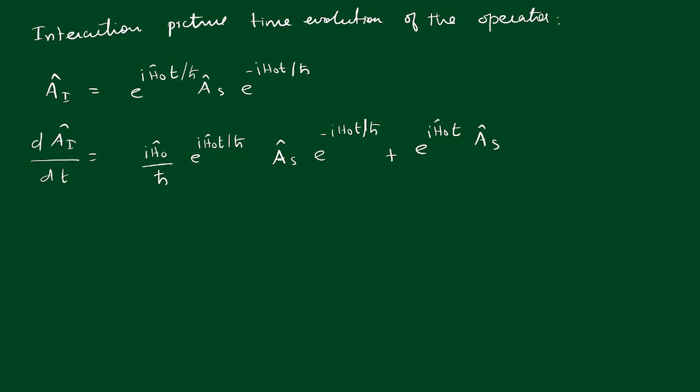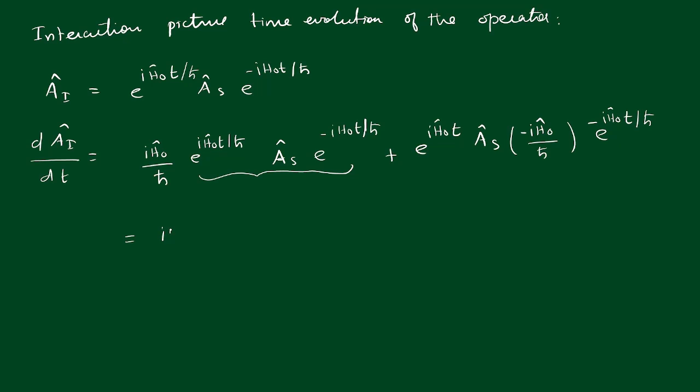So it is e raised to iH0t as, and then what do we have here? Minus iH0 by h cross, correct? Is that correct, or did I make a mistake with this minus? All right, so this I can write as, this is our definition for ai.